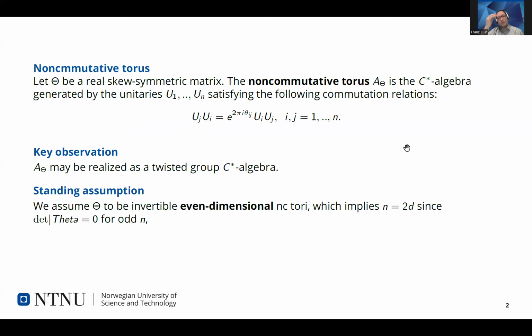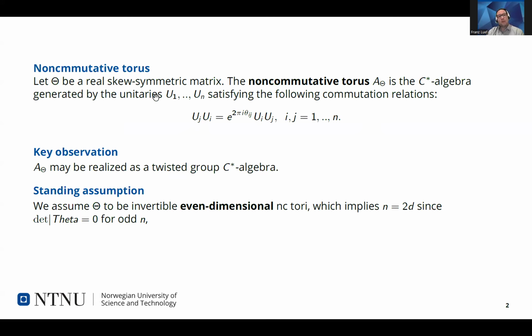Good. So just to set notation, we're going to be interested in this noncommutative torus, which is generated by a real symmetric matrix theta.